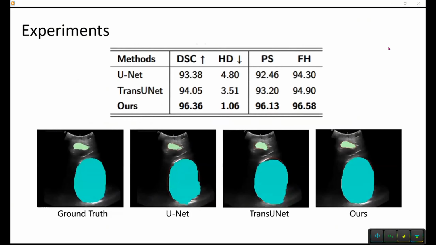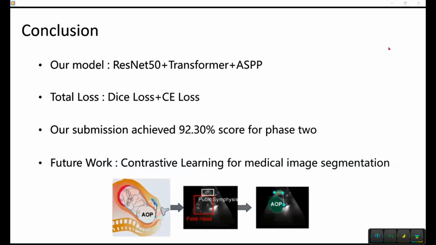We compared our method with classical segmentation approaches including UNet and TransUNet. Our method achieved the highest Dice, and visually, our results are closer to the ground truth. In conclusion, we proposed an efficient encoder-decoder segmentation model, optimized using the Dice loss and CE loss.